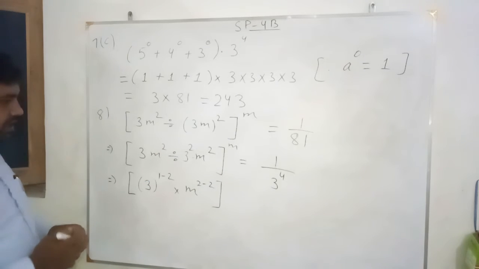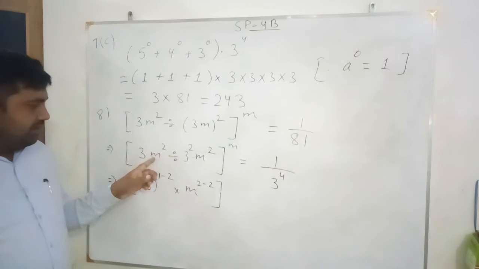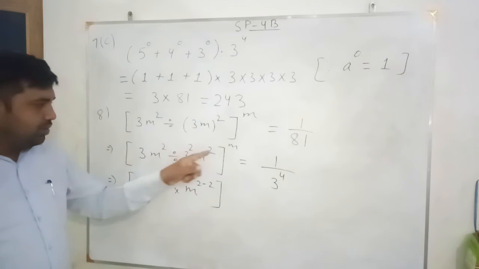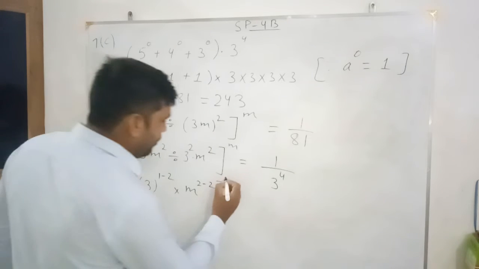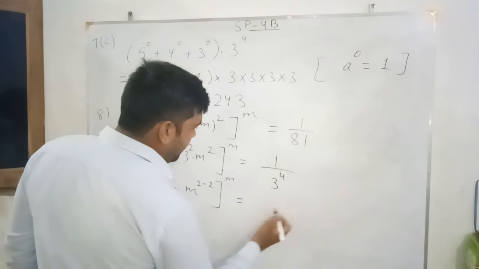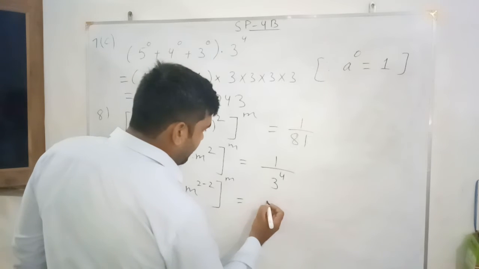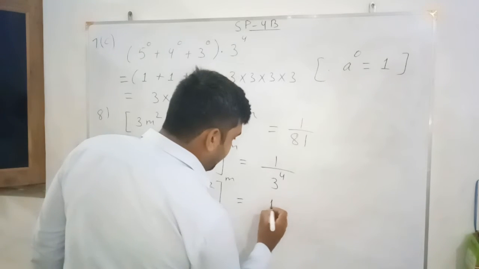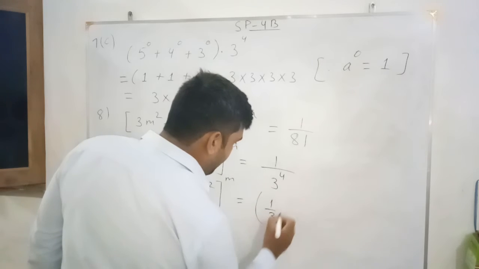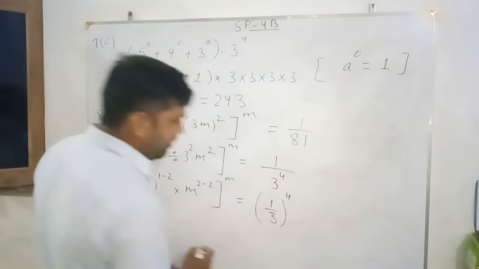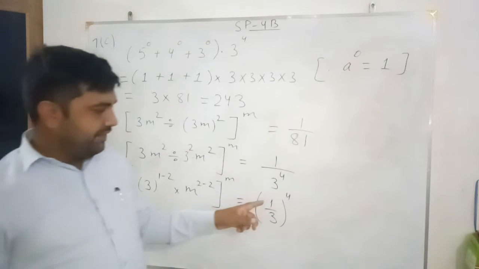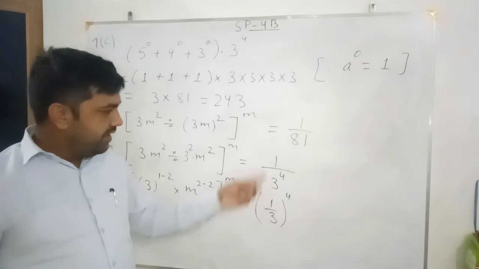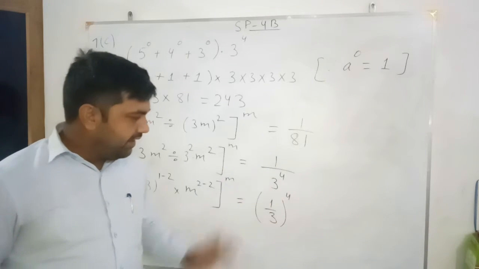Bases are same and both are divided by each other, so we subtract the power, 2 minus 2, and here whole to the power m. Here it can be written as 1 by 3 whole to the power 4, because the value of 1 to the power 4 is also 1, so we can write this as 1 by 3 to the power 4.